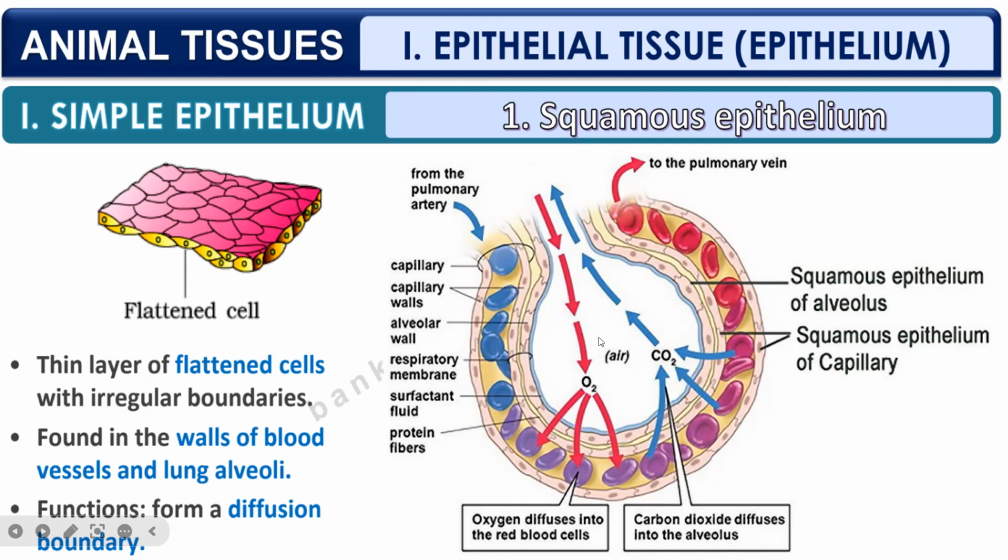So what will they do? They will take in oxygen and transport it to the other parts. And they will give out carbon dioxide which is taken by the alveoli inside the lung, and from the lungs it will go out from the mouth or the nose. So this is all made up of a simple thin cell layer. The function is mostly diffusion. What is diffusion?